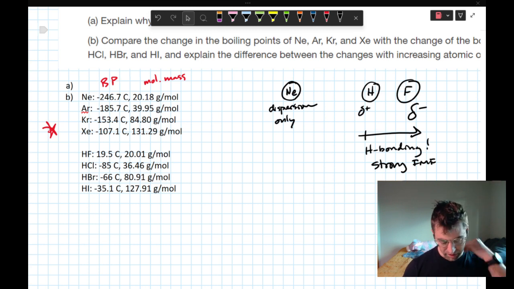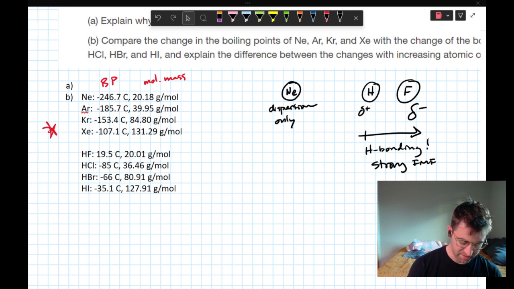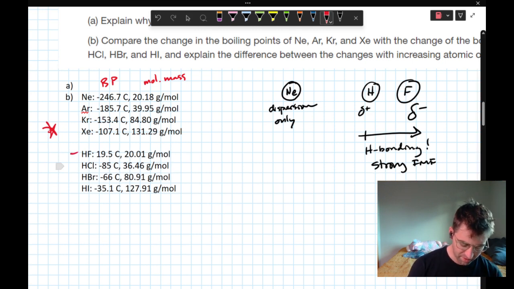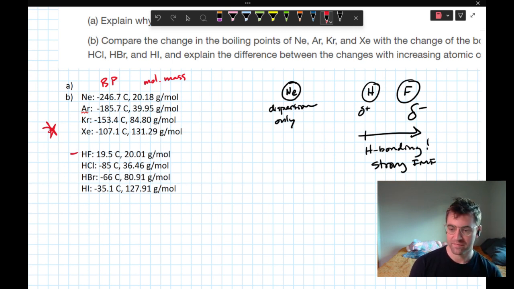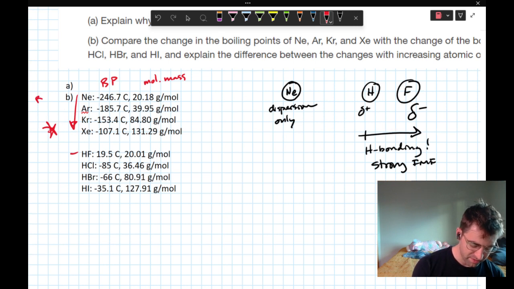So these are in order, and you will notice that our boiling points, with the exception of hydrogen fluoride, are increasing as we go down this group. The same is also true for our noble gases. So BP increases down the group.